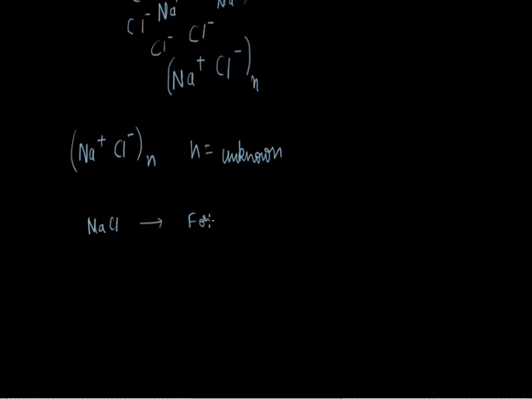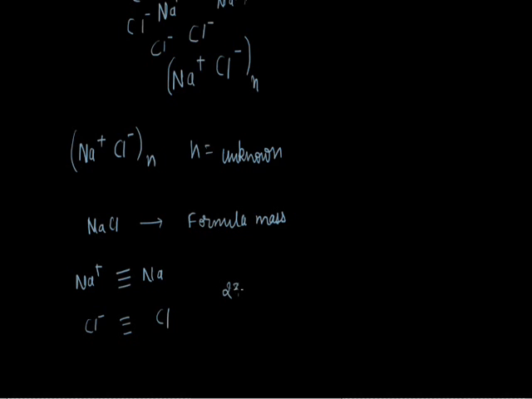it is known as formula mass, because the mass of Na plus is equivalent to Na, since there is a difference of only an electron, and the mass of an electron is considered negligible. So the mass of Na plus is equal to Na, and Cl minus has a mass equivalent to the chlorine atom.